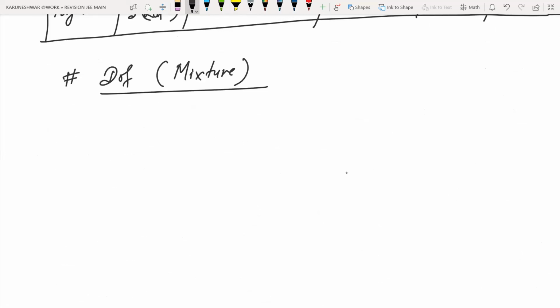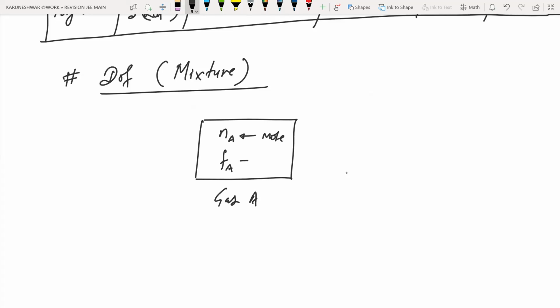Suppose I am considering two gaseous molecules. Let's suppose I am considering gas A, and it has number of moles Na and degree of freedom Fa. So this is the number of moles of gas A, and then its degree of freedom.